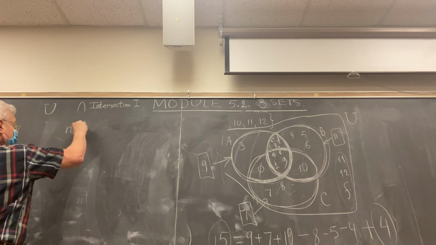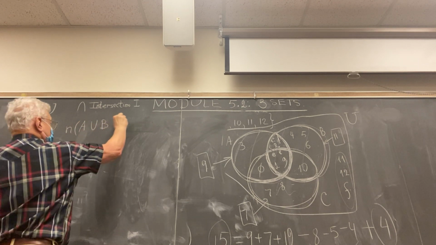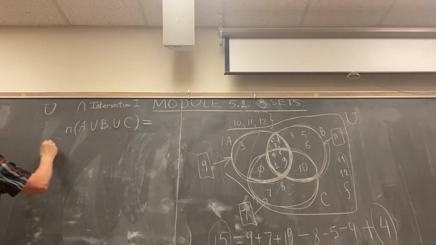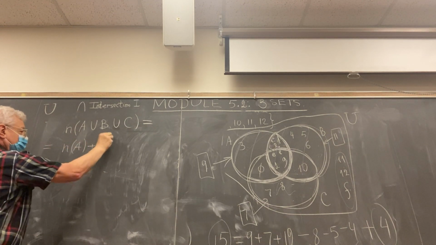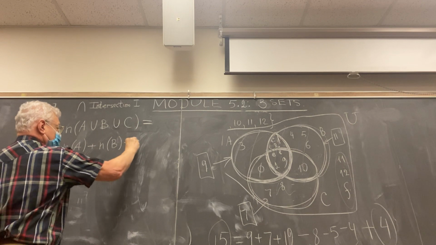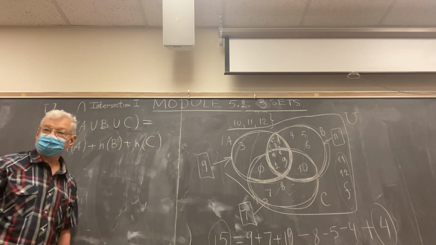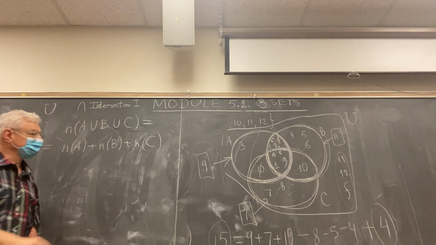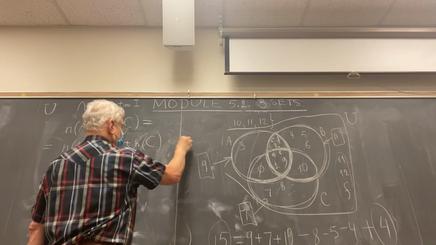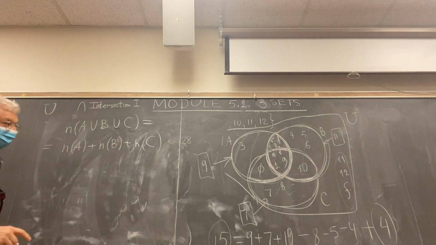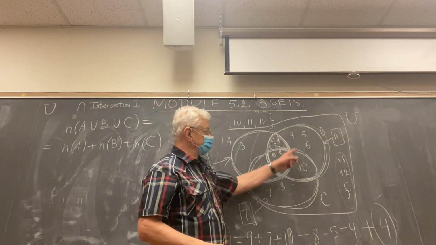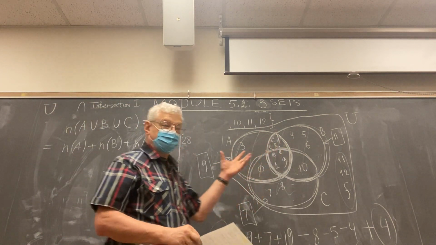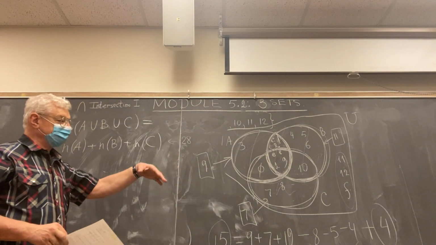If you want to find n of the union, like we did, first we have to add how many elements in A, in B, and in C. That's what we did, and we got 28. But it's too many. So now we have to subtract the double intersections: A and B, A and C, and B and C.